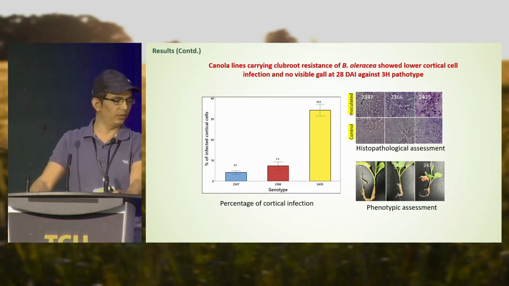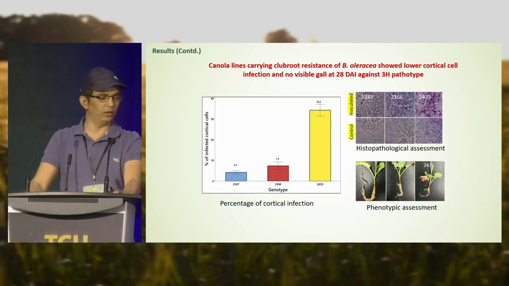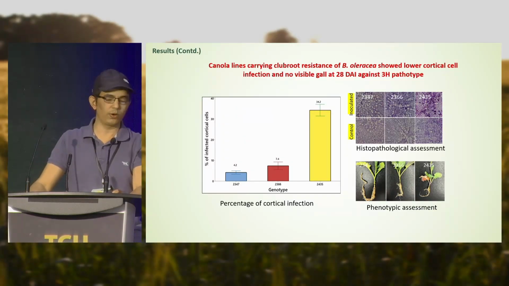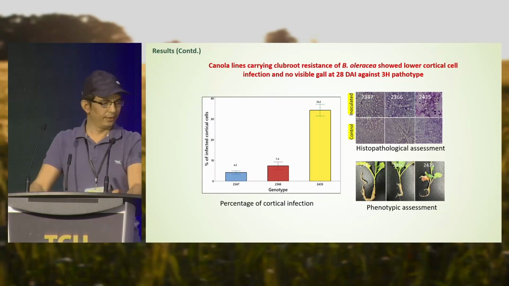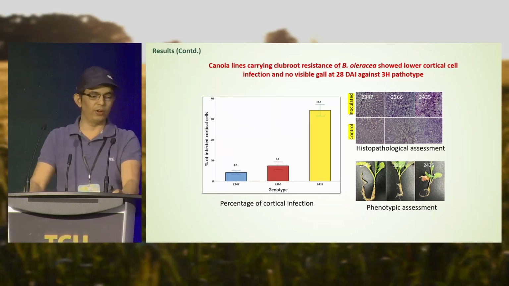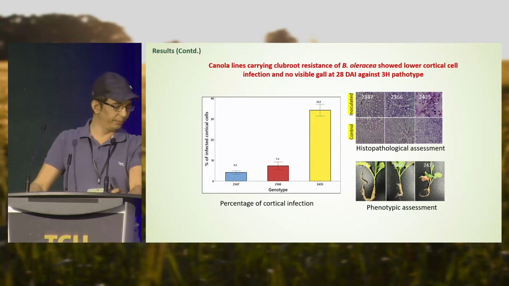We also found that canola lines carrying clubroot resistance of Brassica oleracea showed lower cortical cell infection and no visible gall at 28 days post-inoculation against the 3S pathotype.